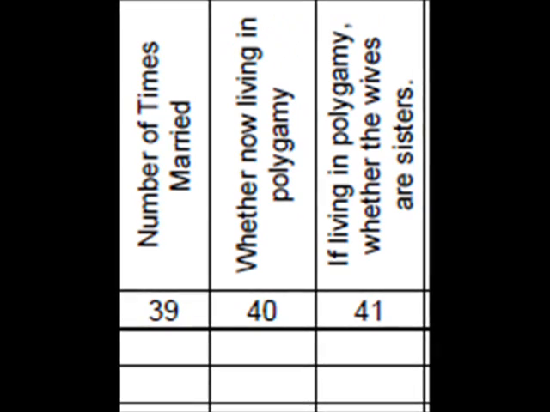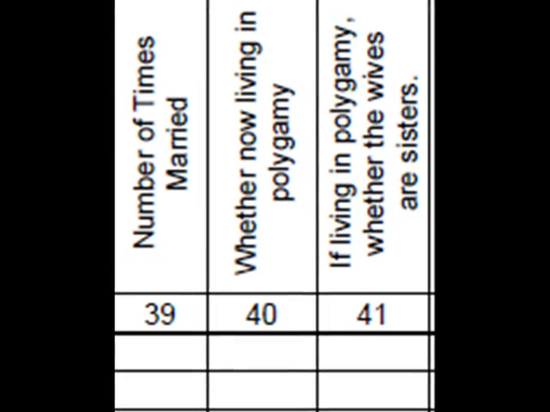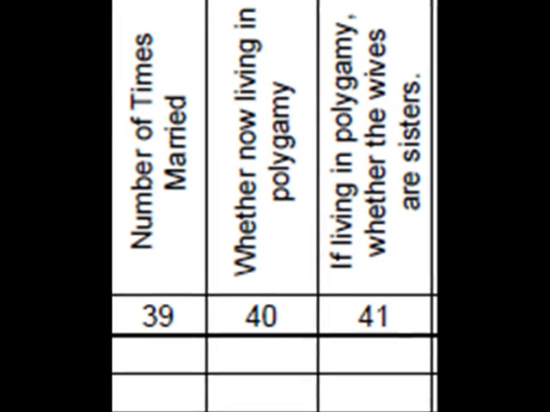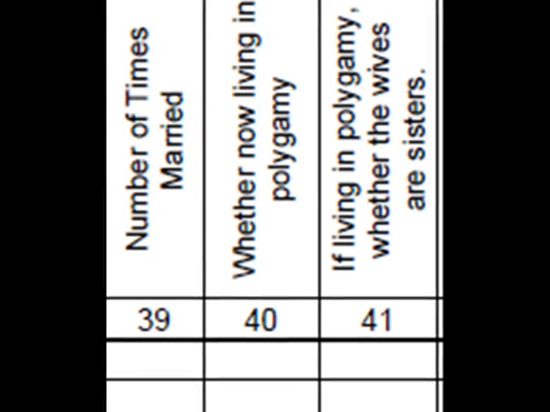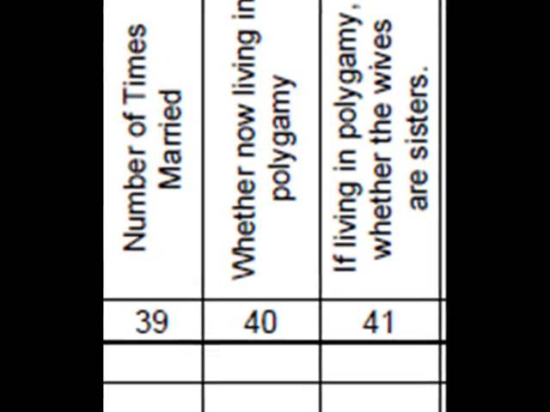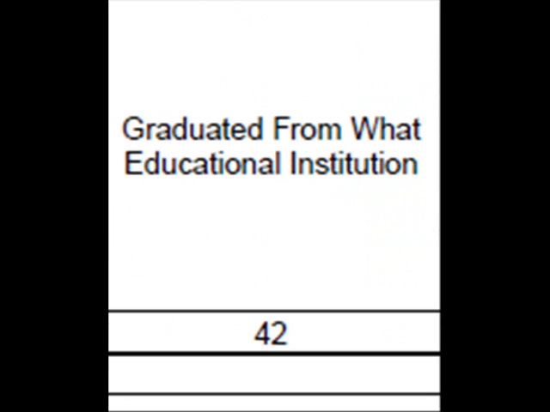In some communities where polygamy may have been practiced, it was asked how many times the individual was married, if they were currently in a polygamous relationship, and if in any cases the wives may have been sisters. The educational institution from which an individual had graduated was also asked. This was not asked in the general population census.